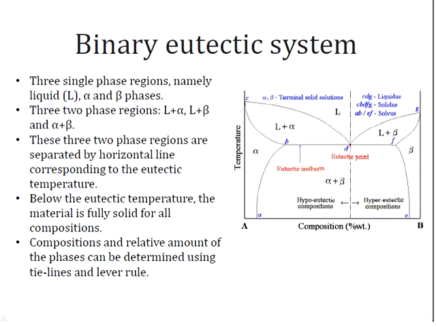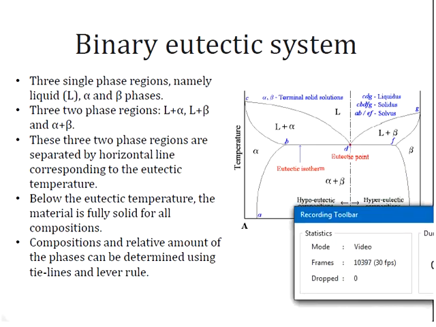The compositions on the left hand side of the eutectic composition are known as hypoeutectic compositions, while those on the right hand side of the eutectic composition are called hypereutectic compositions.